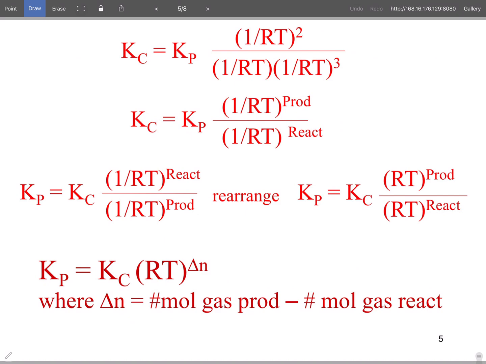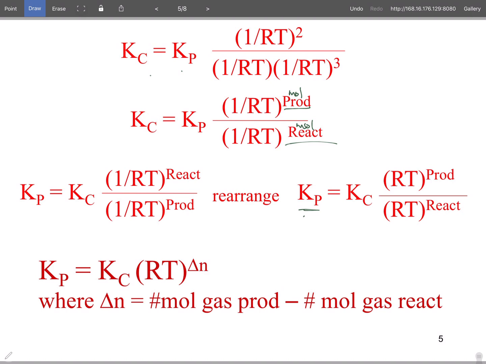So we'll start again at that point. Now we would have Kc is equal to Kp times this. If we bring it together, this would be the moles of product, and this is the moles of the reactant. So the net effect is if we rearrange it, we're solving for Kp instead of Kc.